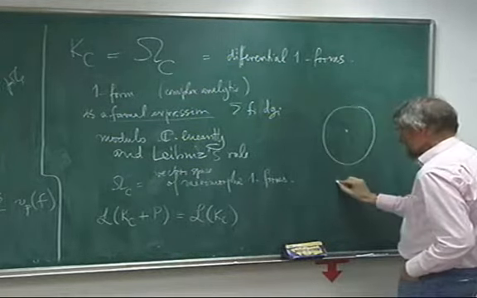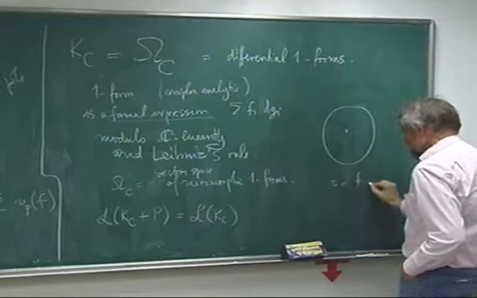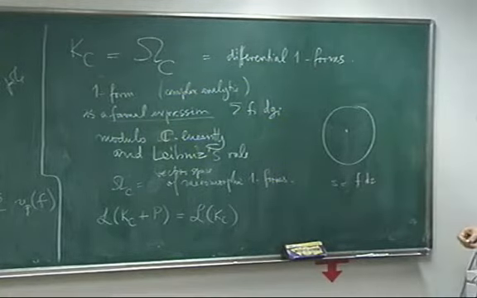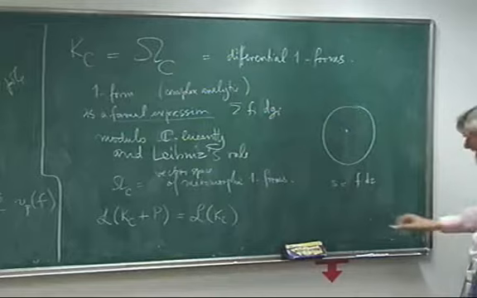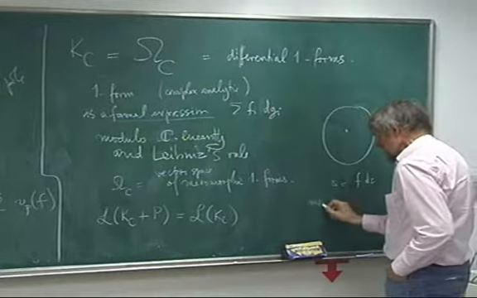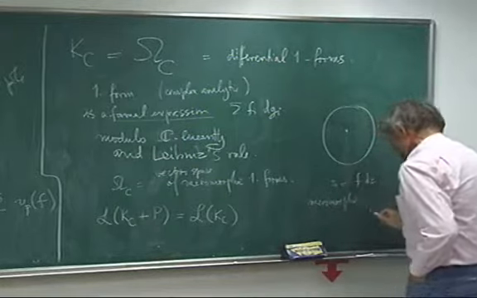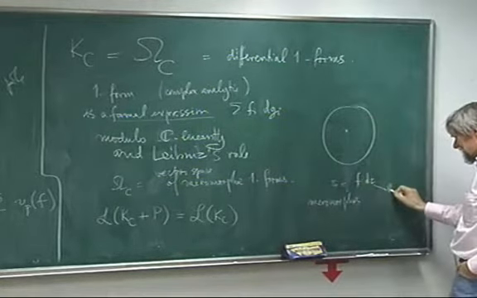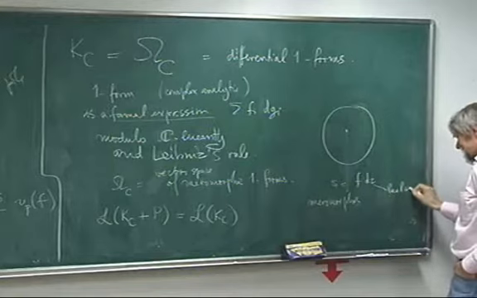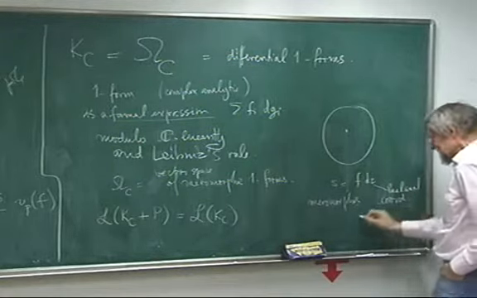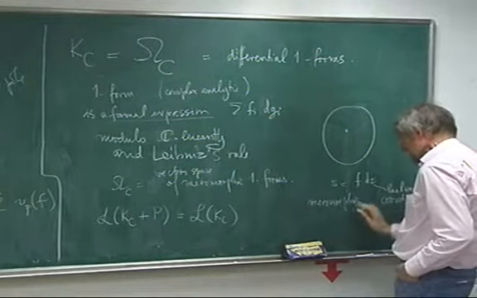If I've got S, so this is F times dz, and this is meromorphic. So z is a local complex coordinate, local analytic coordinate, and the F is a meromorphic function.